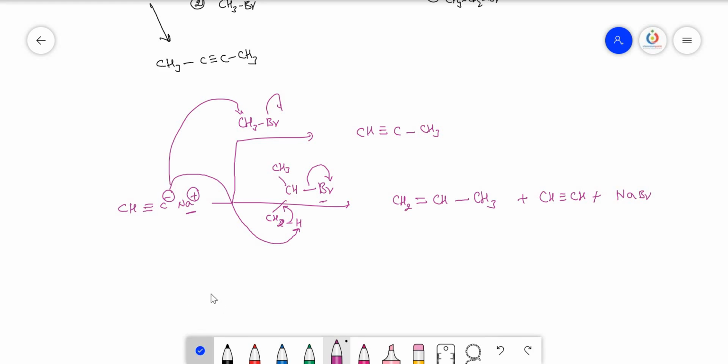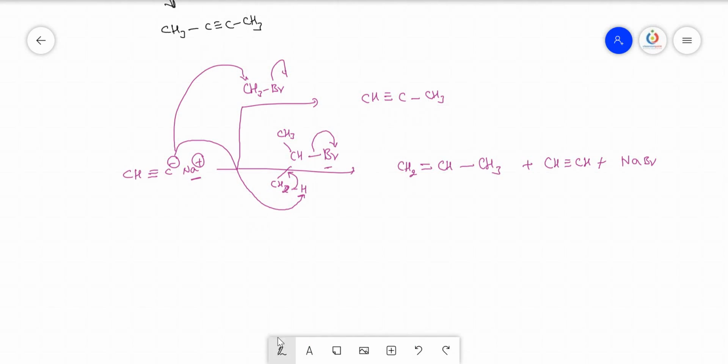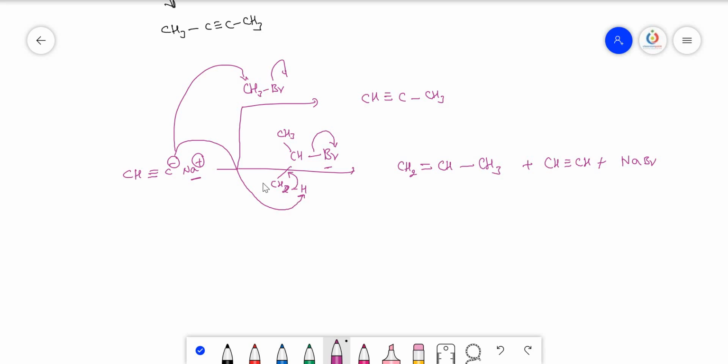What is the reason for this type of attack? Why does the alkynide attack differently in primary alkyl halides? In the case of primary alkyl halides, it attacks the carbon to directly replace bromine, so it attacks the halogen-bearing carbon. But in the case of secondary and tertiary alkyl halides, you can take a tertiary alkyl halide also like this.